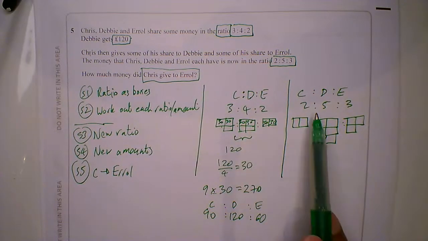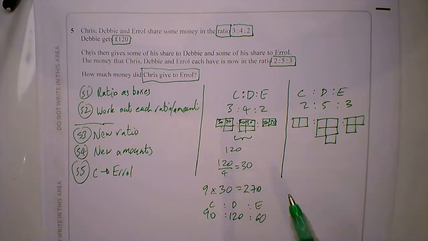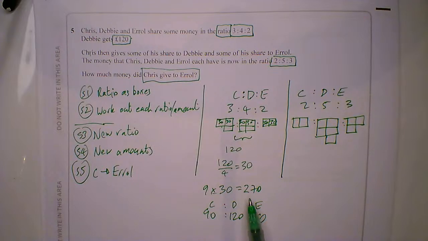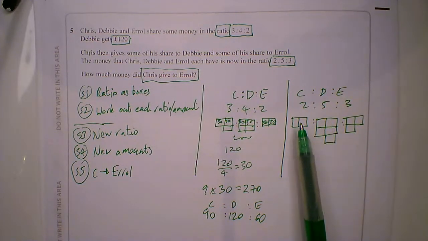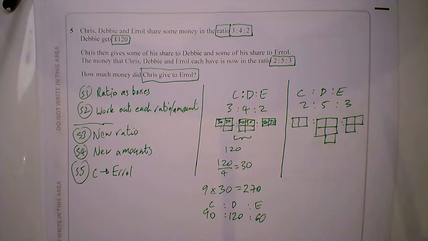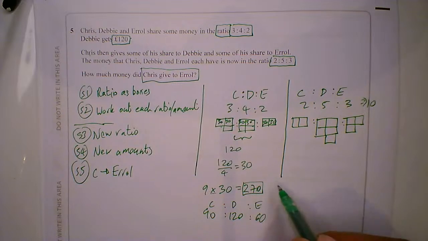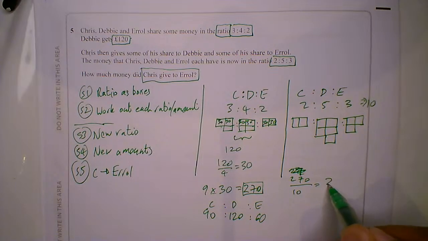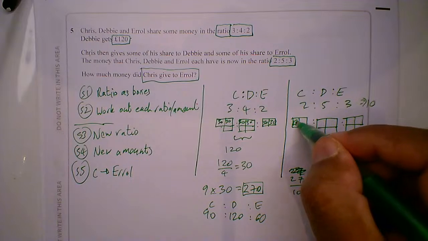There isn't really anything linking them from the information, but from our working out, we can see, because we've got 9 shares of 30, 270 is linking them. So we've got how many parts here? We've got 2 plus 5 plus 3. That gives me 10 parts. So I'm going to do the total amount, 270 divided by 10. That gives me 27. So each box now is worth 27.